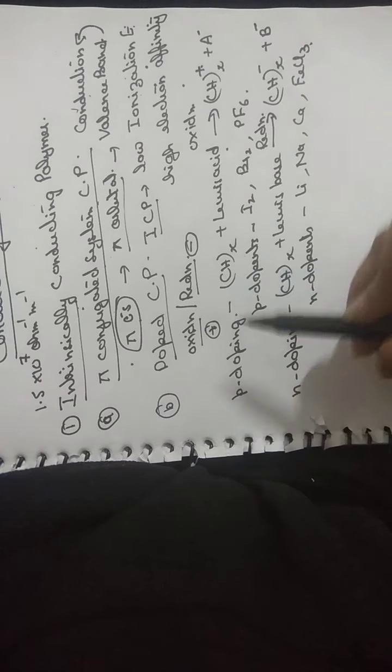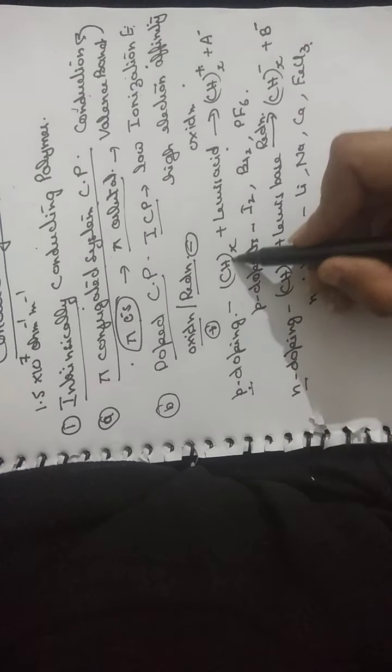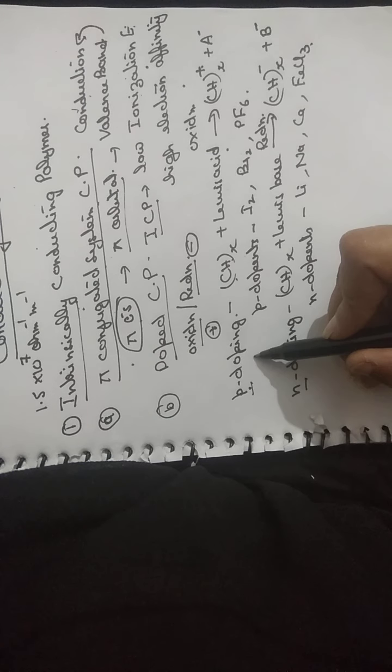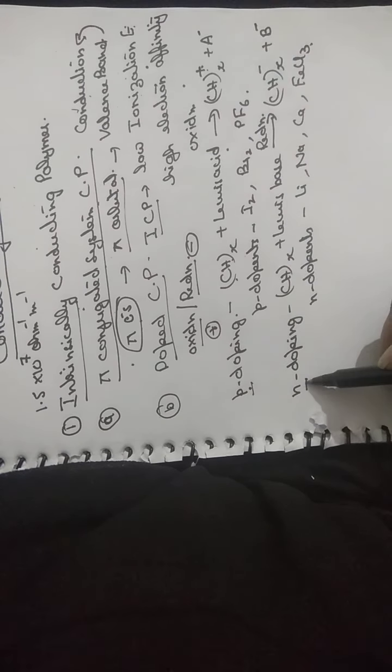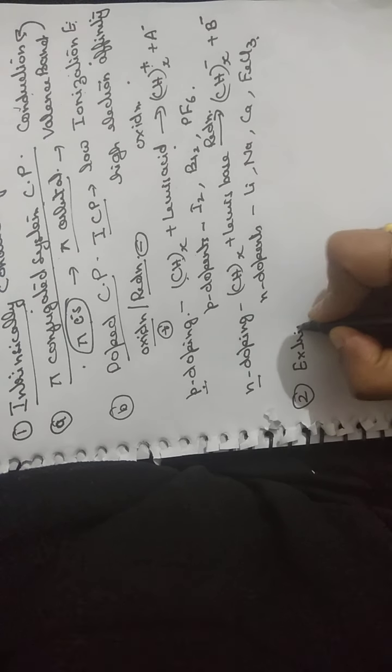This process of developing a positive or negative charge by oxidation and reduction is known as doping. Doping is of two types, P and N. P is when the polymer is treated with Lewis acid, and N is when the polymer is treated with Lewis base. In P-doping, a positive charge is created, and in N-doping, a negative charge is created. So this is the intrinsically conducting polymer. The second type of conducting polymer is the extrinsically conducting polymer.